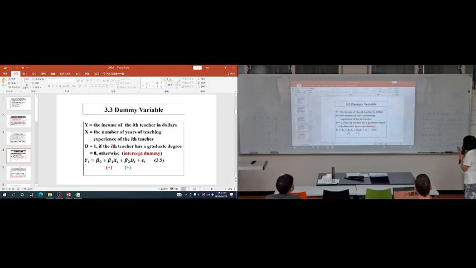Therefore, we call it intercept dummy because they just affect the value of the intercept only. When we talk about slope dummy, it's more complicated, so we just started from the easiest one. So far, when we call the dummy, we all call them intercept dummy. But in the future, we are going to talk about more, which is also called slope dummy.